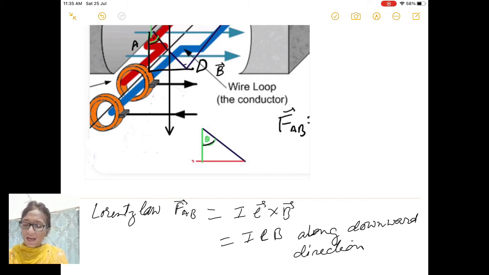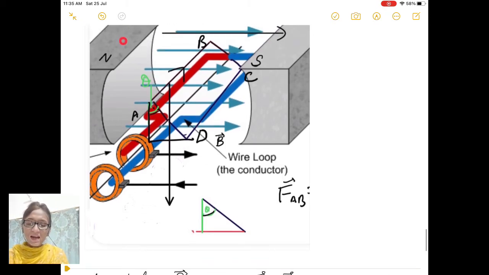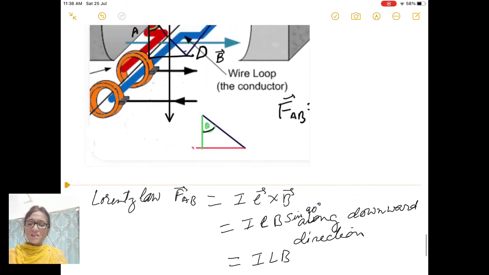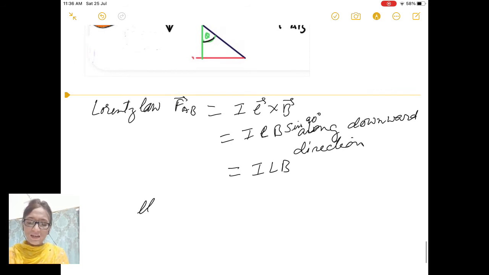You will appreciate that still in this condition the length vector and B vector are at 90 degrees. So I L cross B is equal to ILB sine 90 degrees, and this is the same as ILB. Force is the same, and it is acting along the downward direction.